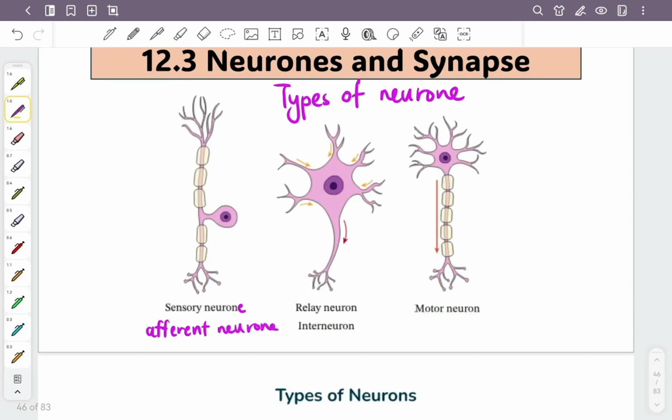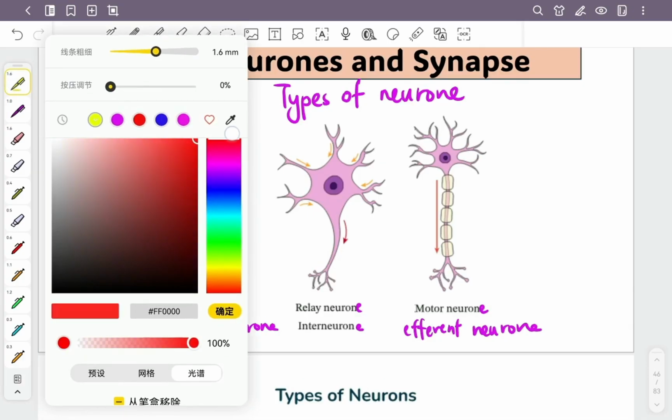The second one is the interneuron, or what we call the relay neuron. Both can be used. And you can see the motor neuron, or sometimes they call it the efferent neuron. Both can be used. So all of these are the three types of neuron that we're going to study.